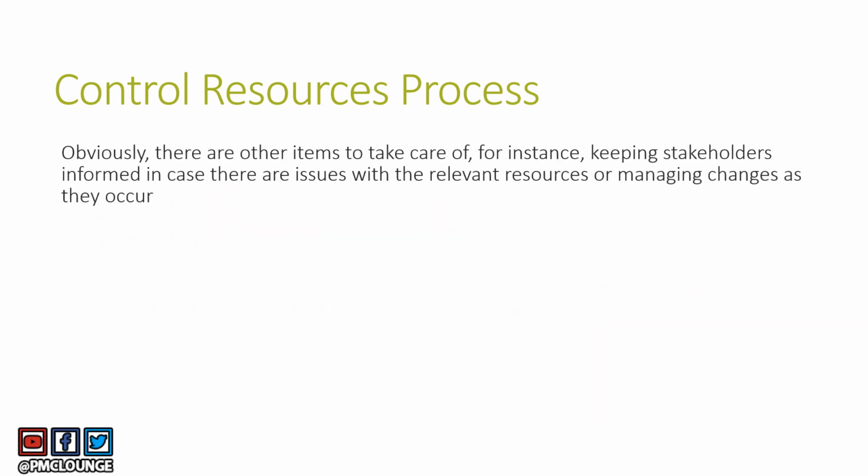All right, so obviously there are other items as well apart from those three. For instance, keeping stakeholders informed in case there are issues with the relevant resources, or managing changes as they occur. So let's say you have a physical resource for 100 hours, and let's say that was a high-end server which was given to you by the IT department.